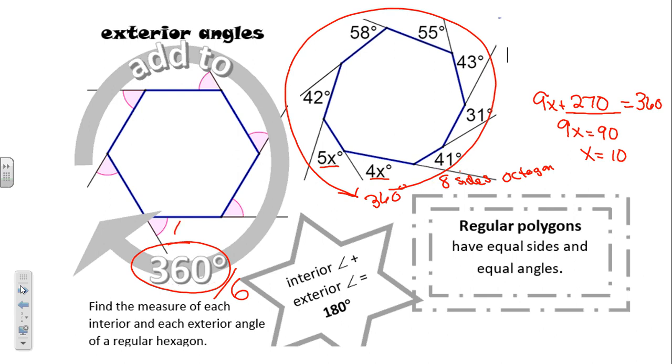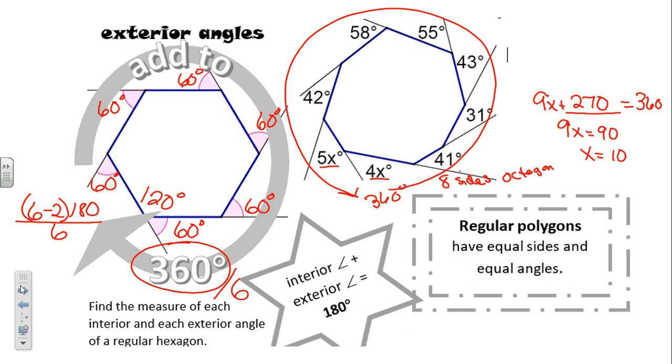So each exterior angle is 60, isn't it? That works with regular polygons because they have to have the same measure for all the angles. And if 60 is my exterior angle, what's my interior angle? 120. That's the same answer we would have gotten if we had taken our 6 minus 2 times 180 and divided it by 6.